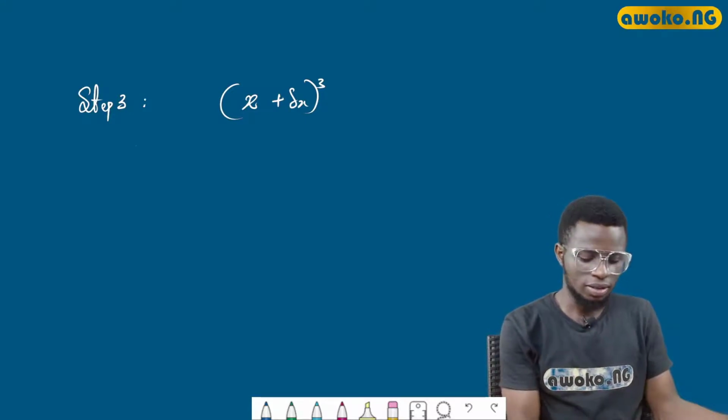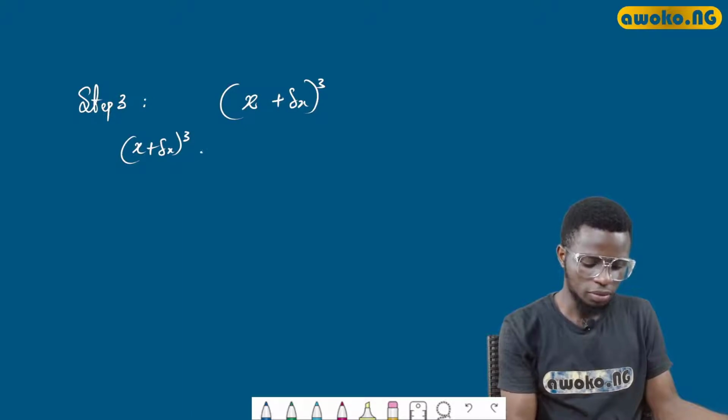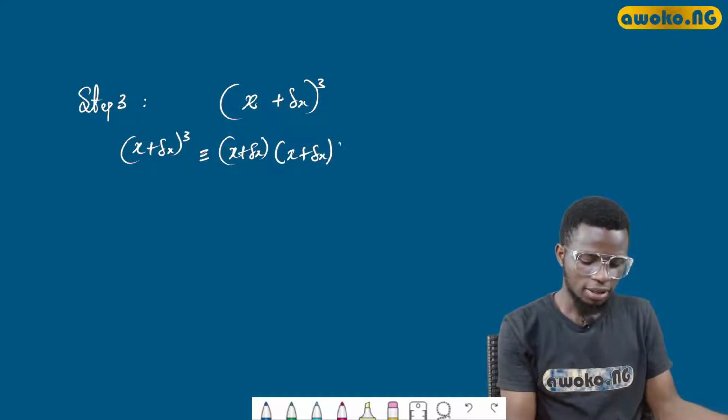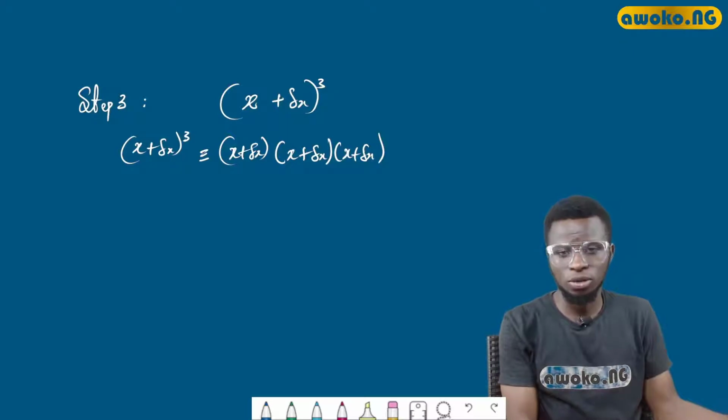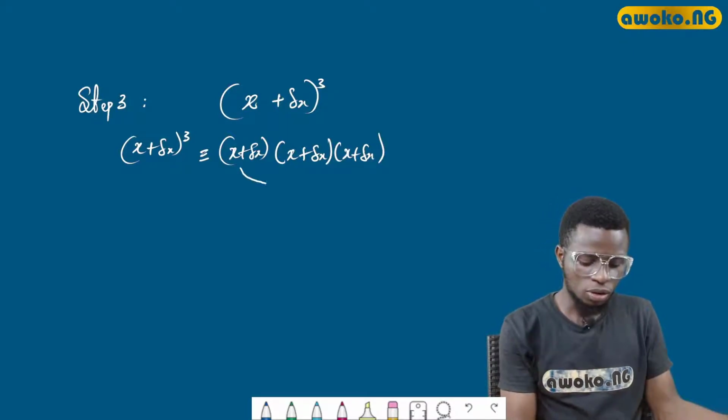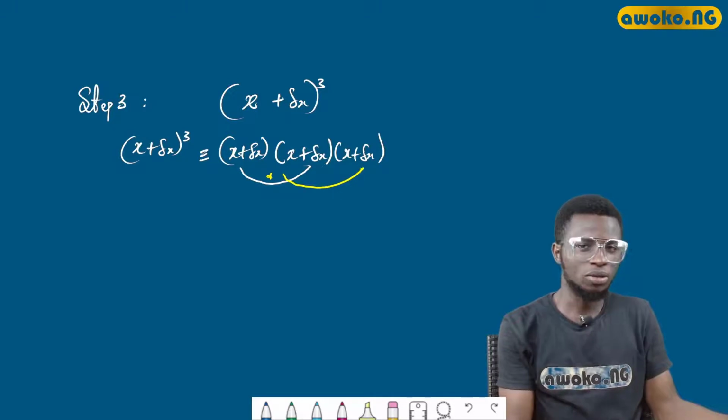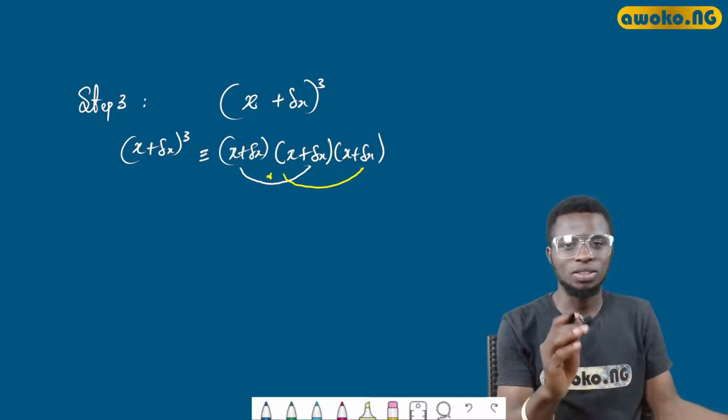This is the same thing as saying (x plus δx) times (x plus δx) times (x plus δx). But this is looking cumbersome because I'll have to multiply these together, then the answer from the multiplication of these two will not be used to multiply this. It's looking very, very stressful.